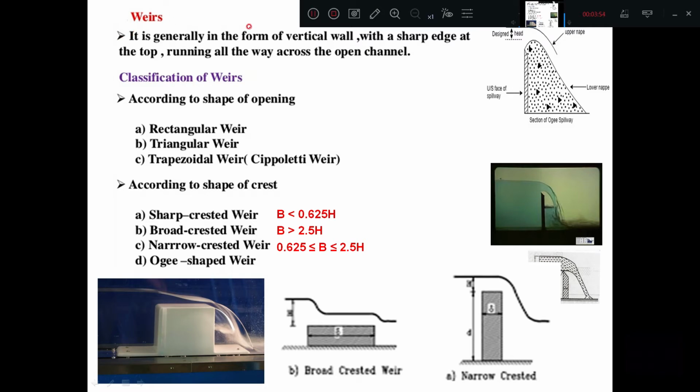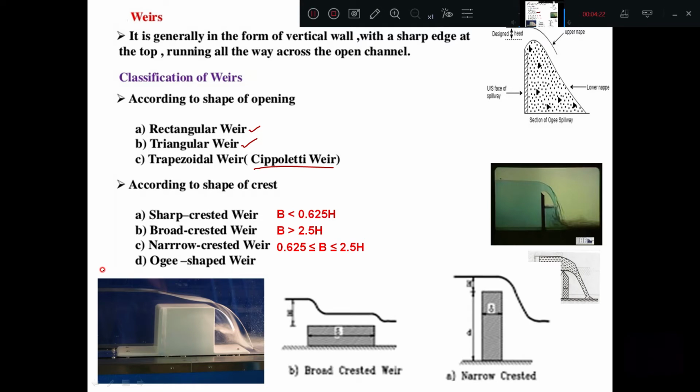This is the generalized definition of weir. And if you look at the classification of weirs according to the shape of opening: rectangular weir, triangular weir, and trapezoidal weir. And the trapezoidal weir, a special type of weir, is also called a Cipolletti weir.